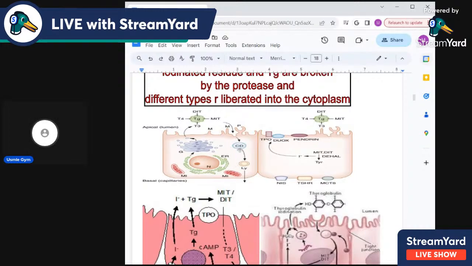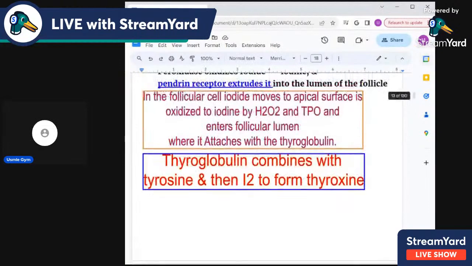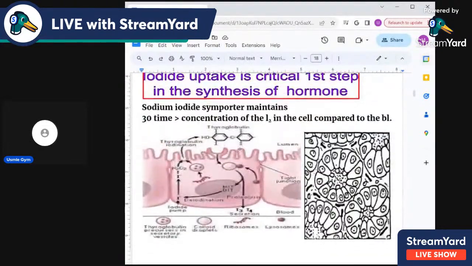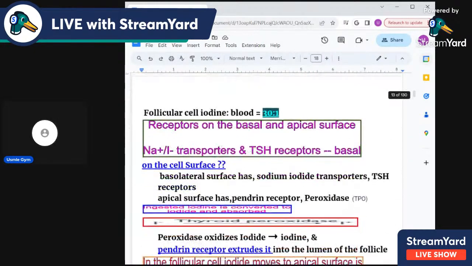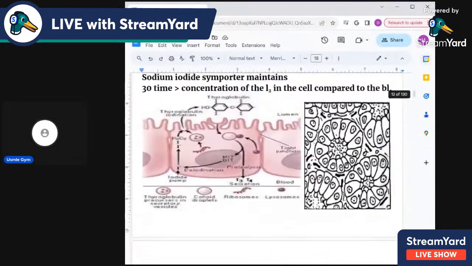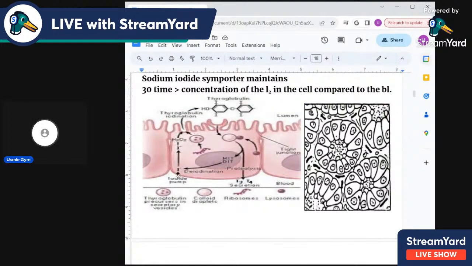Once the bond is broken, the thyroglobulin goes back into the lumen, so the cell exudes the thyroglobulin out into the lumen, and the thyroxine, T3 and T4, are exuded out into the circulation. So this is how it goes out. This is the iodine metabolism.